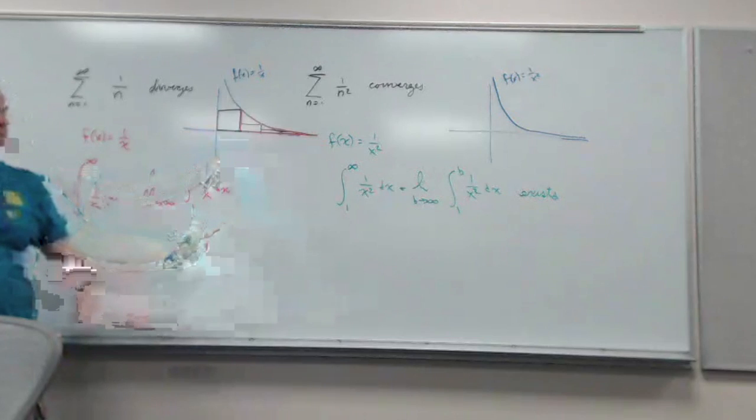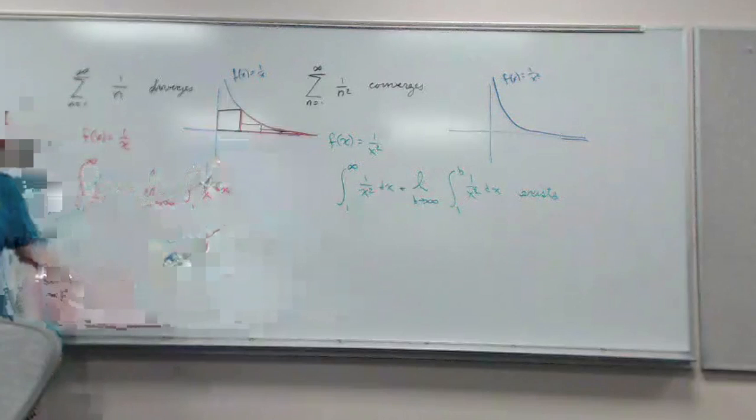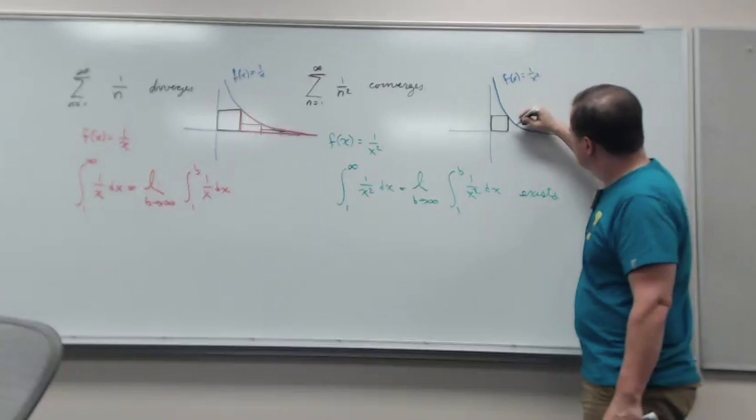But in this other case, the area under the curve is not the same as the series. Let's see. In this case, the first term is the same as the first term over there. The area of this box is 1. But when I go over to 2, I'm going to get not 1/2, but 1/4. So it's going to drop.